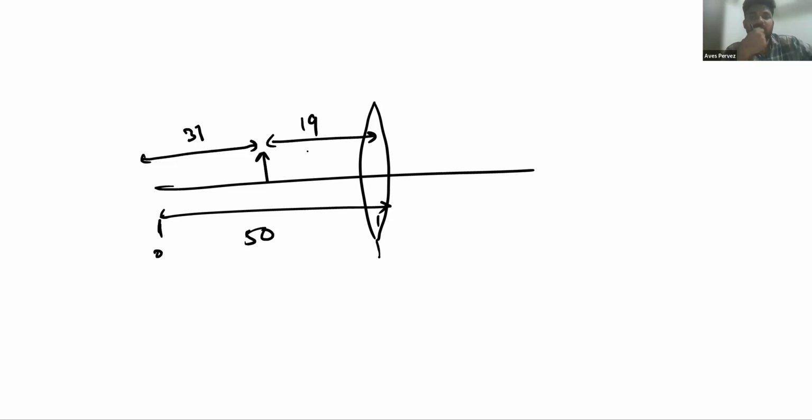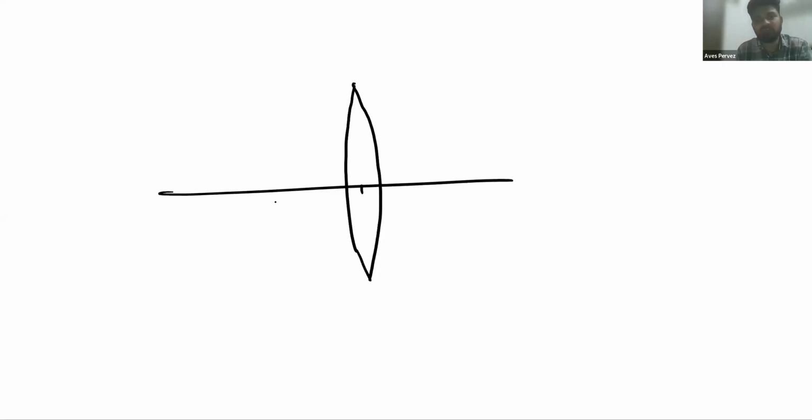Let me explain how it is formed. Like this is the object here, and this is the convex lens. This is the focus, and this is the radius of curvature. This is F2, R2, F1, R1. If you put the object here, the first ray, if it is parallel, will pass through the focus.